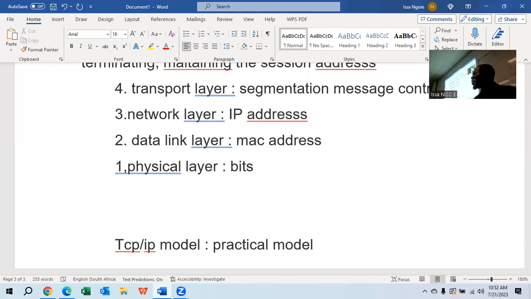Because the OSI model is like an abstract model. It all talks about the theory side, but this one is more practical. And this model was developed by the US Department of Defense, right?